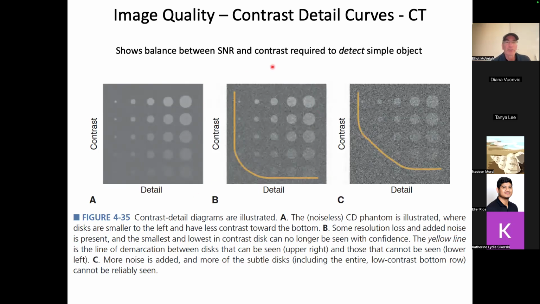So now we're going to look also at how the amount of noise affects the image quality. Is there a way we can quantify the amount of noise versus the amount of signal? Ideally, we would like perfect signal, that is, contrast between two things.